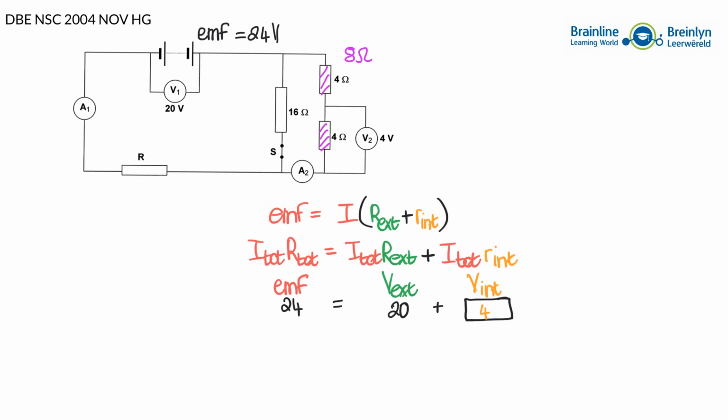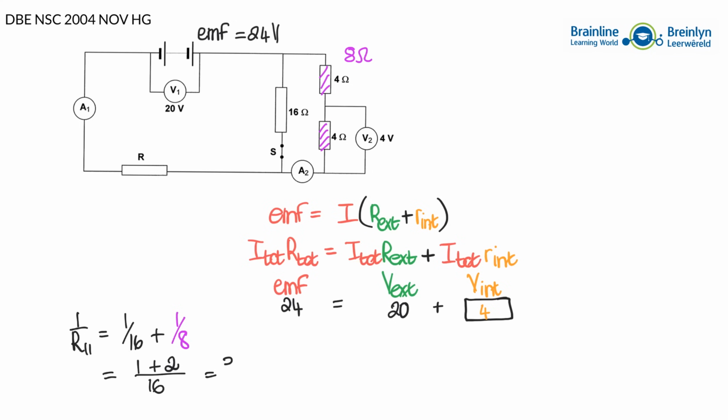I would therefore be able to do the calculation for R parallel by saying 1 over R parallel equals, firstly, the 1 over 16, and then the next part would actually be the 1 over the 4 plus 4, in other words, 8. We find the lowest common denominator, which is 16, so this remains 1 over 16, and that is then 2 over 16.